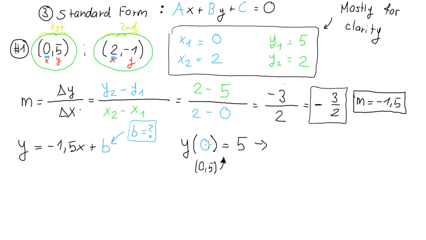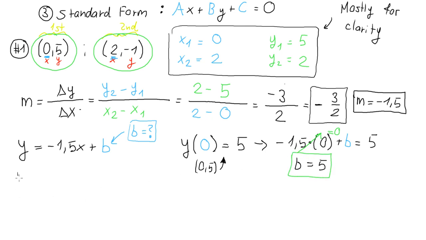So I evaluate the function at 0, which means minus 1.5 multiplied by 0 plus our unknown b equals 5. Okay, so we get an equation. This simply becomes 0, and we see that the result is b equals 5, which was our unknown.